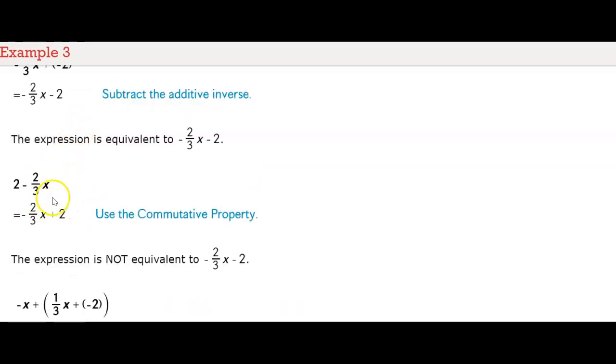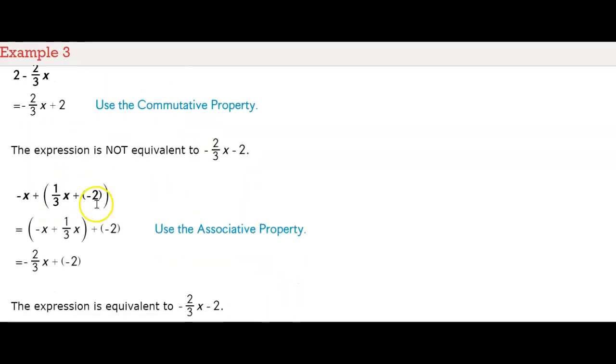That's this one here. And the final one, negative x plus 1/3 x plus negative 2 in parentheses. They use the associative property, so that means you can change the grouping of the numbers. So instead of the parentheses being around these two numbers, they switch them to be around the negative x and 1/3 times x.